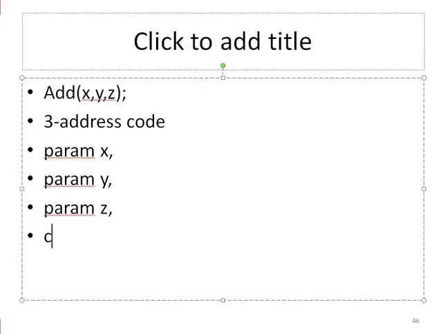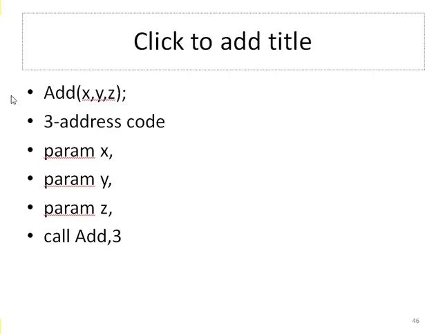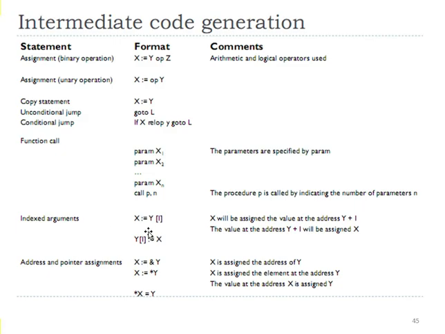Then finally, since we have only three arguments passed to the function, we specify call add, comma, the number of parameters, 3. So this is the three address code representation for the function calling statement add x, y, z. This is how we can represent any function calling statement in the source program.